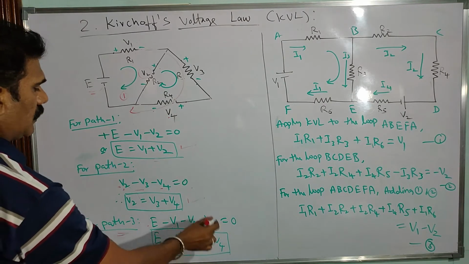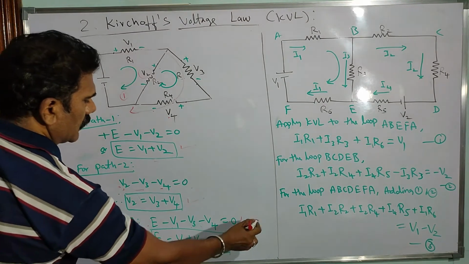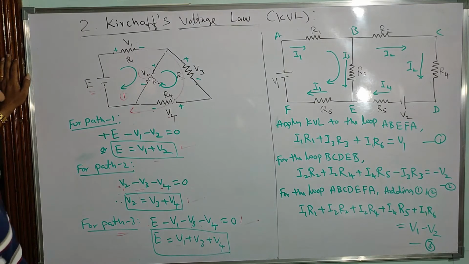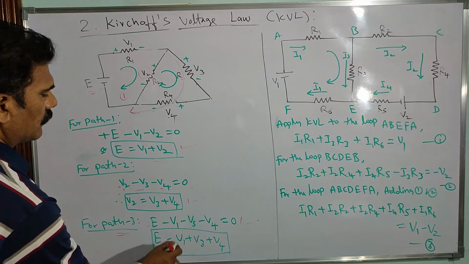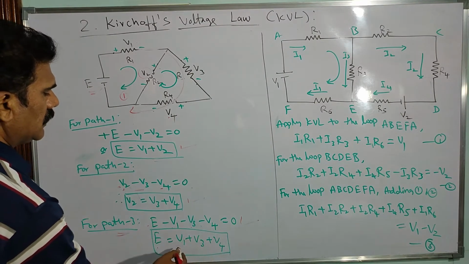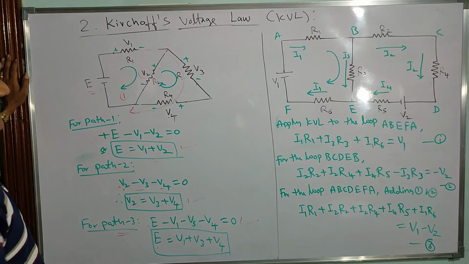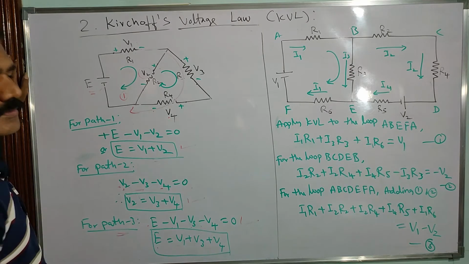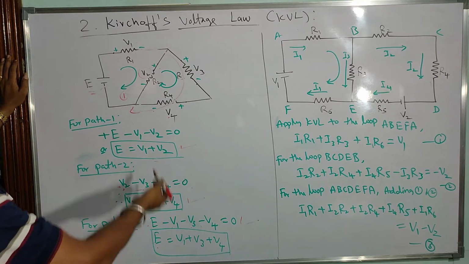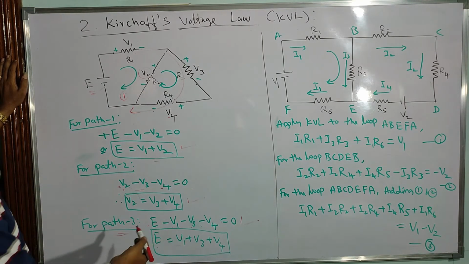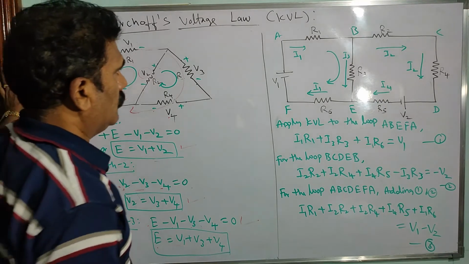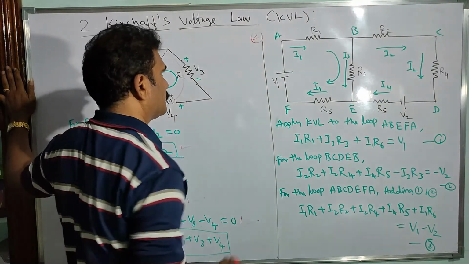The sum of all these should be equal to 0 again. Therefore the supply EMF E is equal to V1 plus V3 plus V4. By solving these three equations, we can find the voltage drop across any resistor with respect to the given EMF. Clear?